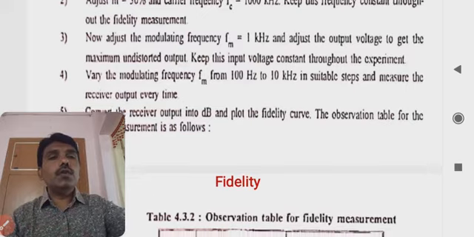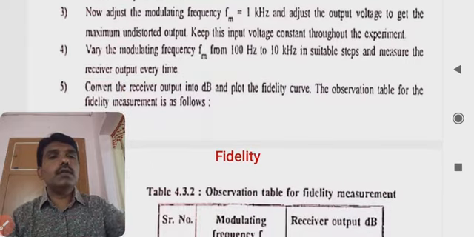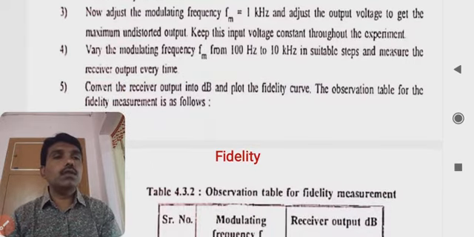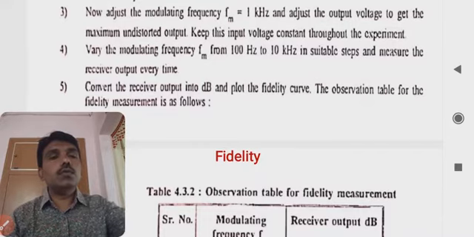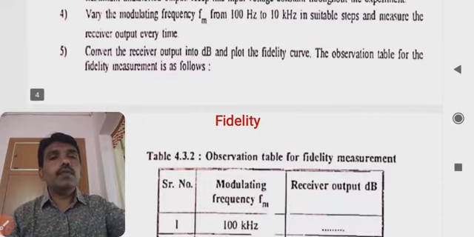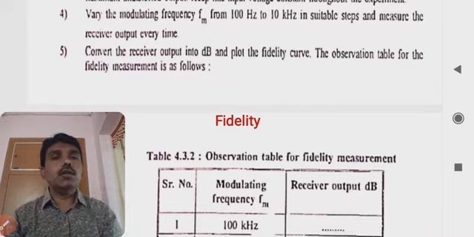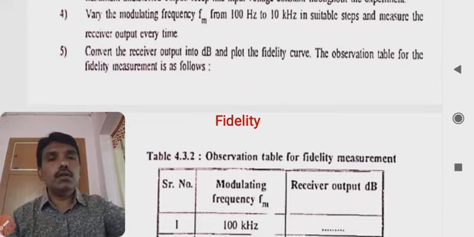Again vary the modulating frequency from 100 hertz to 10 kilohertz in suitable steps, measure the receiver output every time, convert the receiver output into dB and plot the fidelity curve as shown in the previous diagram.